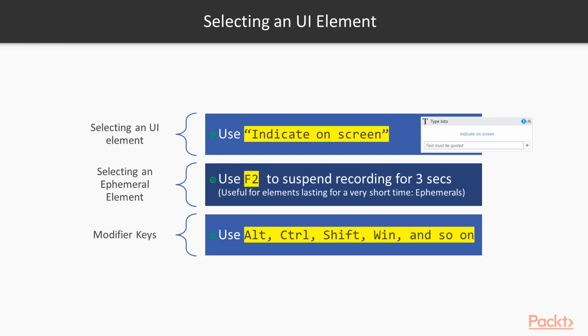For such elements, use F2 during the selection mode to suspend selection for 3 seconds and expose the UI element that you wish to interact with. You can also apply modifiers such as Alt, Control, Shift, Win with click actions.